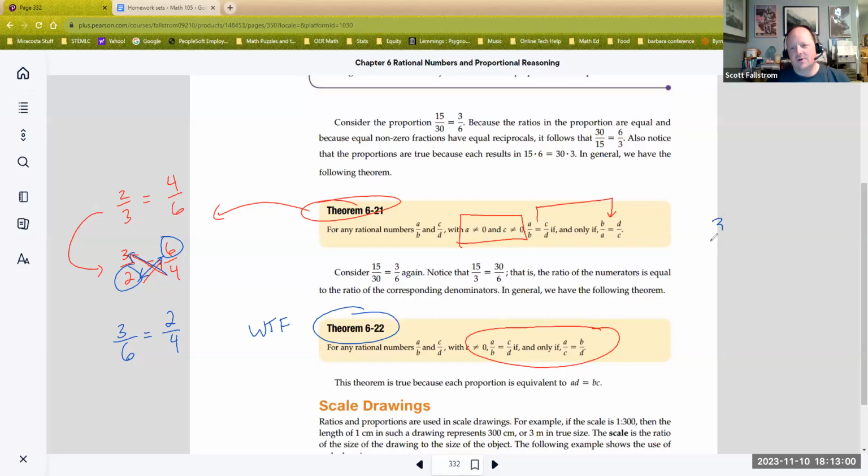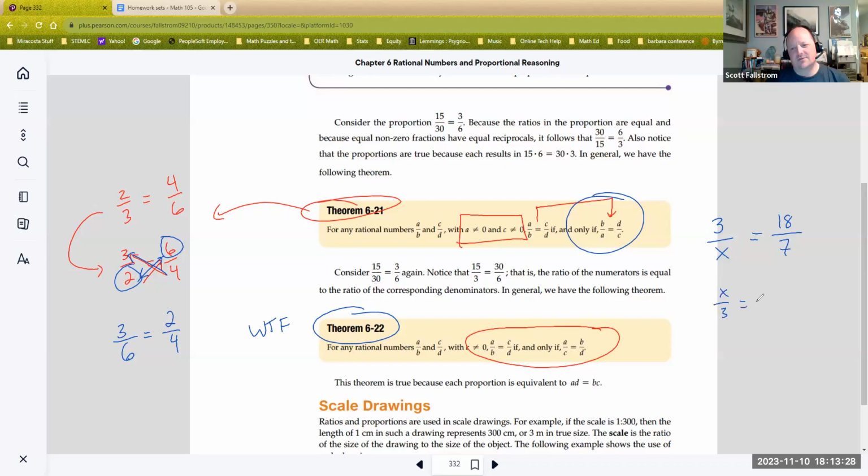So here's the idea. If you are given a problem where you're trying to solve, I don't know, something like this maybe. You're trying to solve to find the value in a proportion, then yes, you can go through and do the multiplication. But as you saw earlier, it was quick and easy to just multiply once. What you could do is use this first theorem and say, I like it better when my variable is on the top.